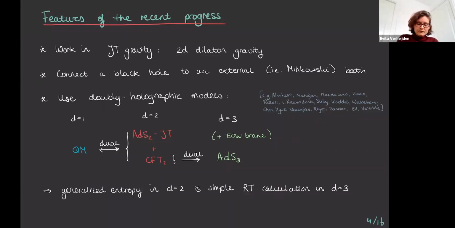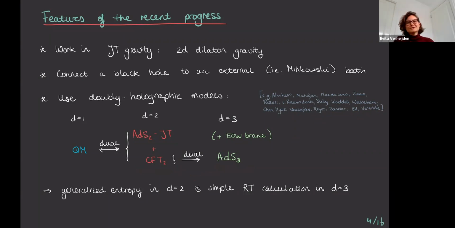And with Eric Verlinde, we also developed a model that actually started from 3-dimensional spacetime, BTZ, and then did a partial dimensional reduction down to 2 dimensions to study black hole evaporation here, but using geometric computations in the 3-dimensional system.